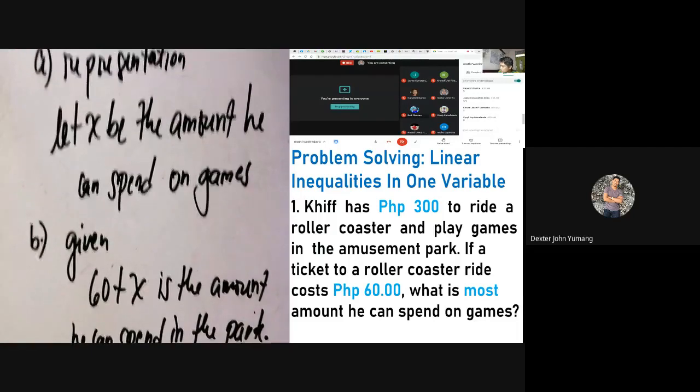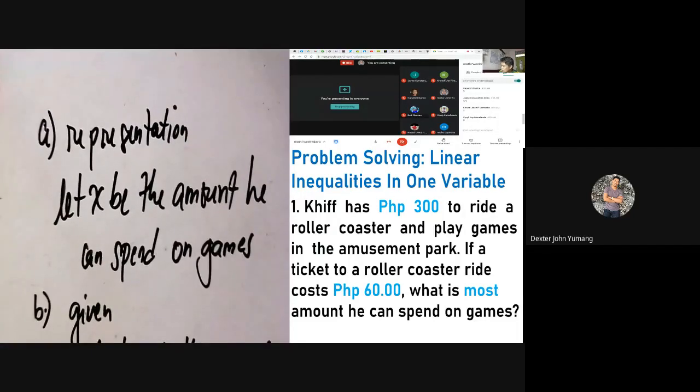So, if you have, okay, please copy letter A muna, then we will proceed to letter B. Masyadong maliit ang aking whiteboard. So, please copy the first representation, then we will proceed to the given. Type done if you're done, please.